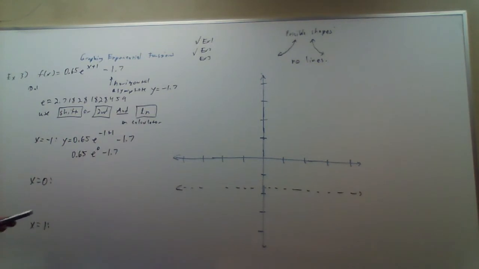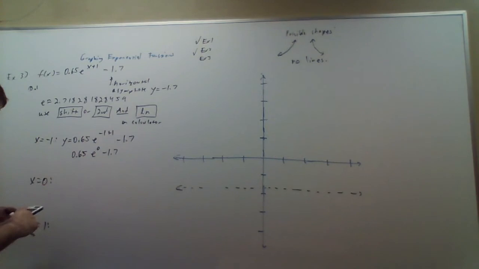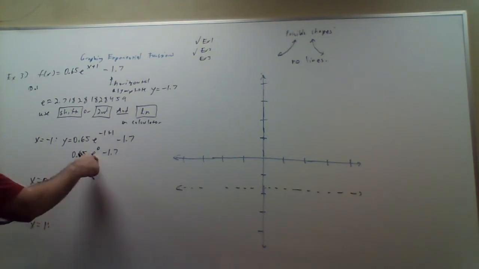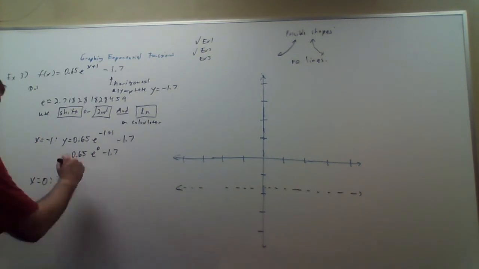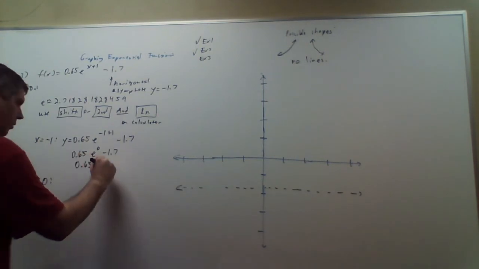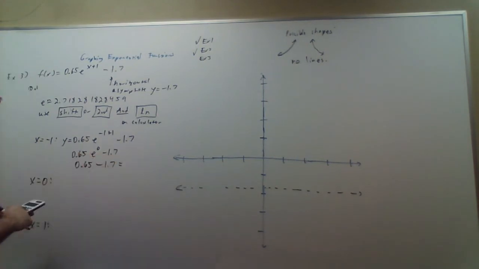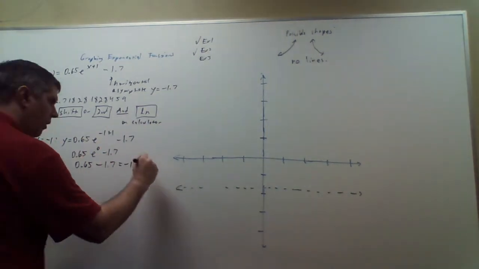I'll take e to the 0 first. Shift ln 0 gave me 1, times 0.65 is 0.65. Subtract 1.7, we have -1.05. So the first point is -1, -1.05.